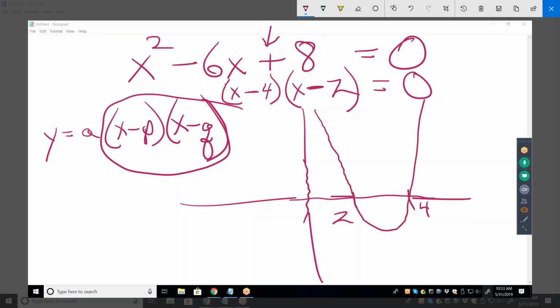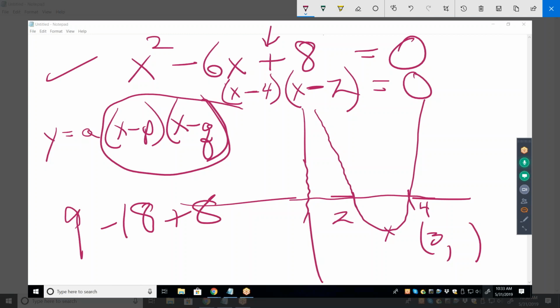The only thing I don't know is this point here, but what do I know about that point? Do I know the x? It's right in between those intercepts, so it'll be 3. So I know the x value of the vertex. How do I get the y value? Plug it into the equation. In other words, plug in 3 to this equation, and you get 9 minus 18 plus 8, correct?